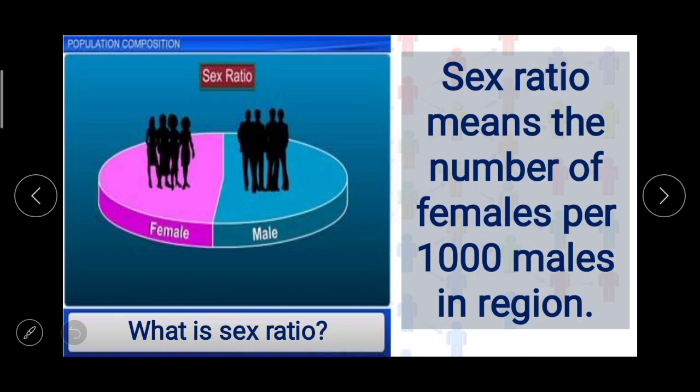So sex ratio means the number of females per 1000 males in a region. किसी एक particular region के बारे में अगर हम बात करेंगे, so per 1000, suppose these are 1000, तो उनके कंपेयर में या फिर पैरेलली कितनी फीमेल वहाँ पर है उसका जो रेशो होता है, दैट इज कॉल्ड सेक्स रेशो.